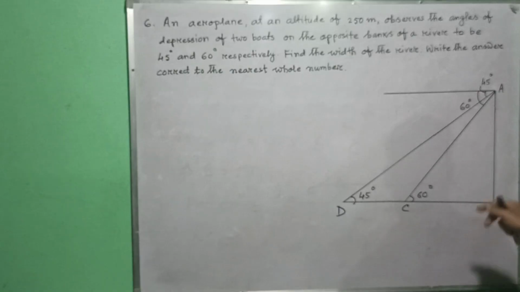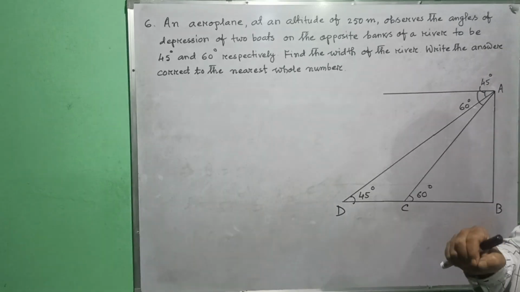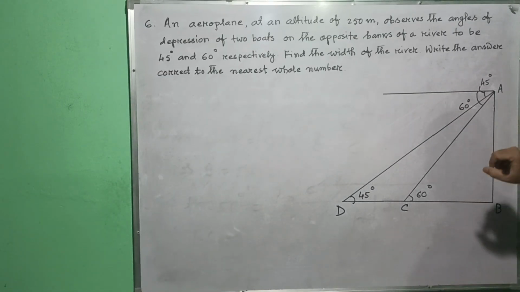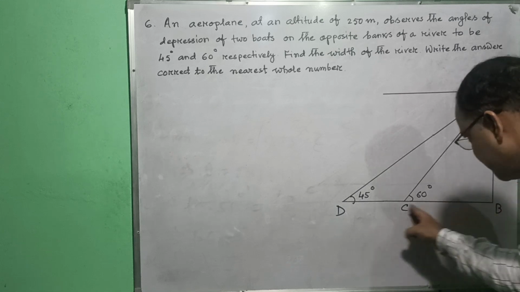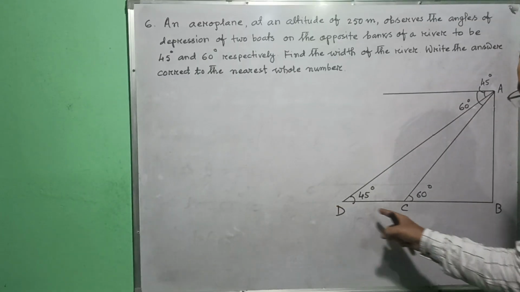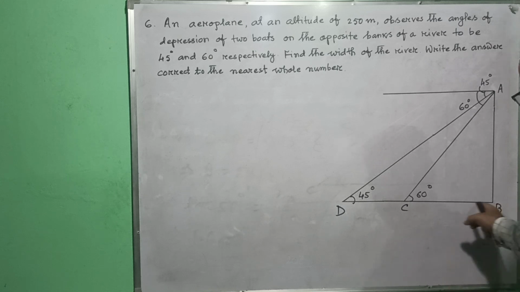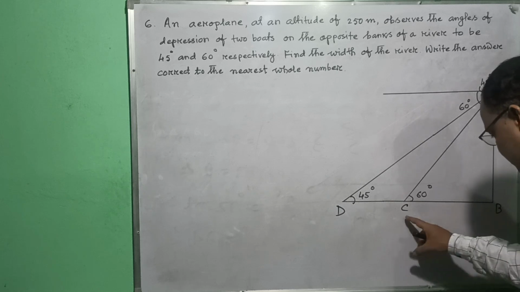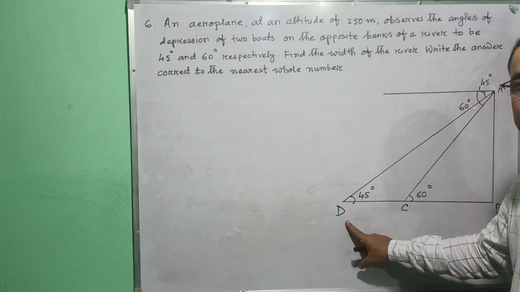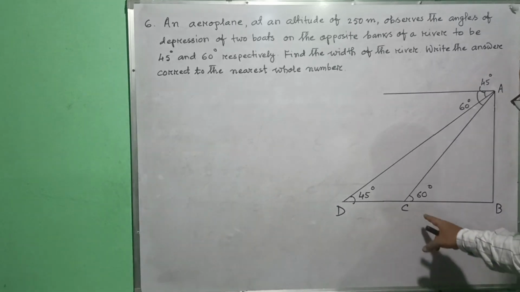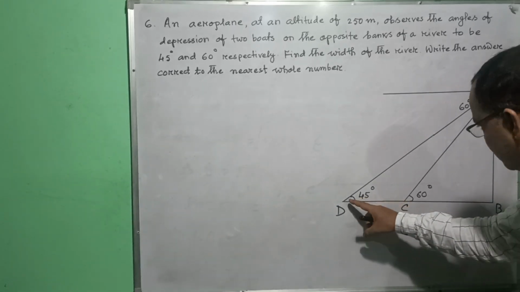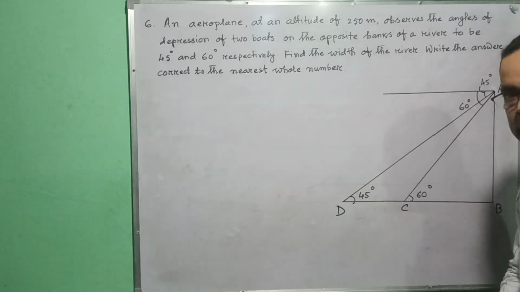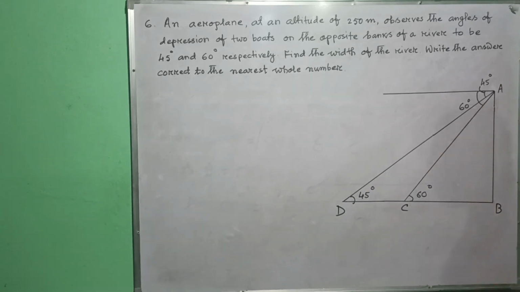According to this question, I have already drawn a figure to save time, so you can draw it also. First you have to draw a line AB which represents the height of the aeroplane, and then a horizontal line representing the level ground. On this line you can choose C and D, the positions of the two boats, and then complete the lines to form the triangles.